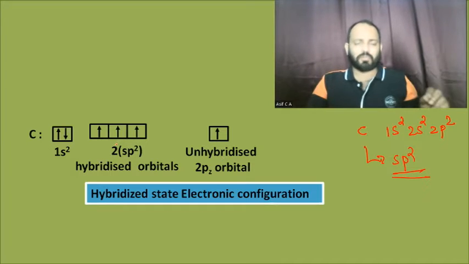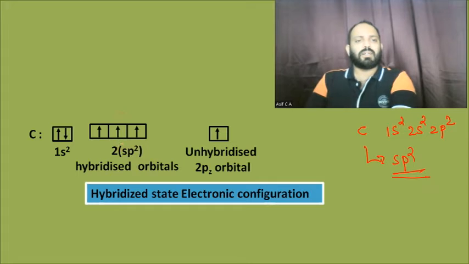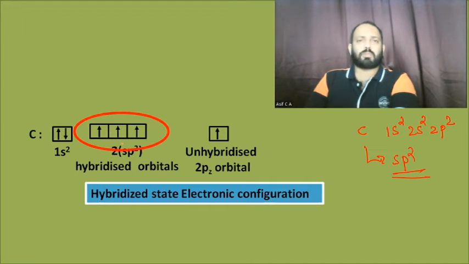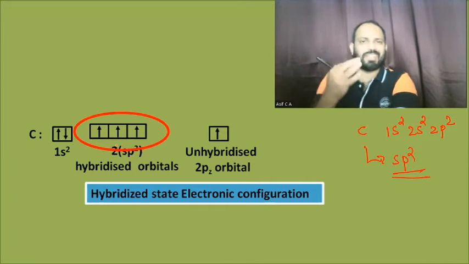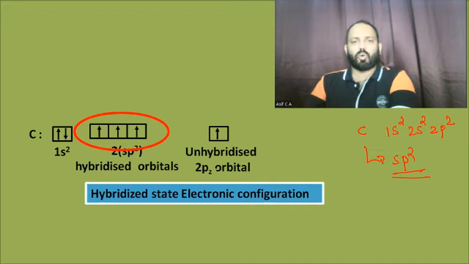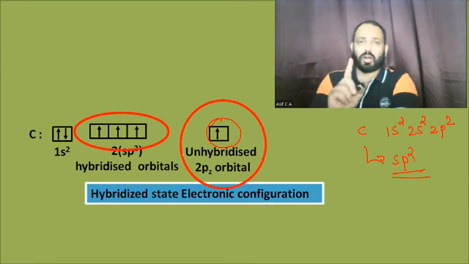But in graphite only sp2 hybrid orbitals are participating, that is 3 sp2 hybrid orbitals. One unhybridized 2p orbital remains vacant here. Just remember, one electron will be free. Are free electrons there? Yes, there are.